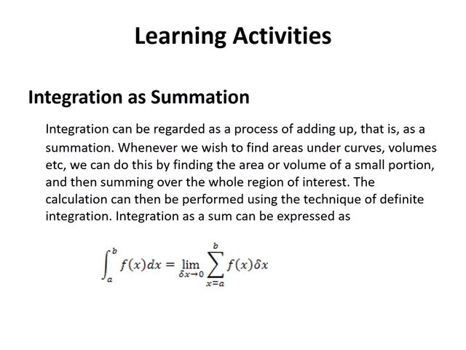At the left hand side there, we have the integral from a to b, f of x dx. That is the integration part. And the summation part, at the right hand side, we have it as the limit as delta s approaches 0, summation s equal to a to b, f of x dx.